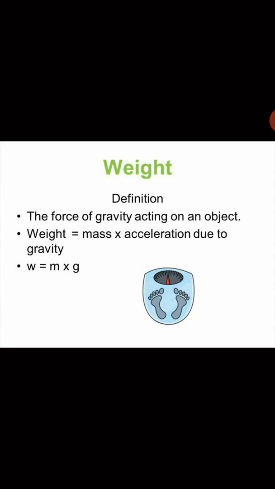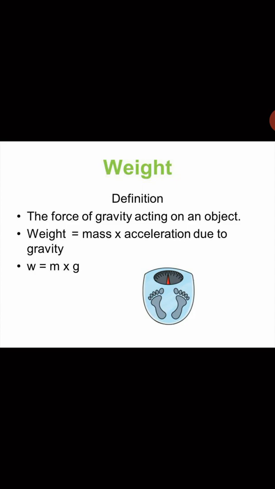Now there are different instruments used to measure mass and to measure weight. If we want to take the weight of an object, we can use a weighing scale. Your weighing scale can be kept on the ground, and the force of gravity acting on the body will be the weight of that body.